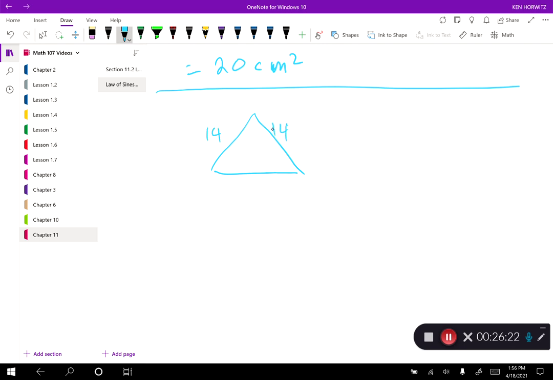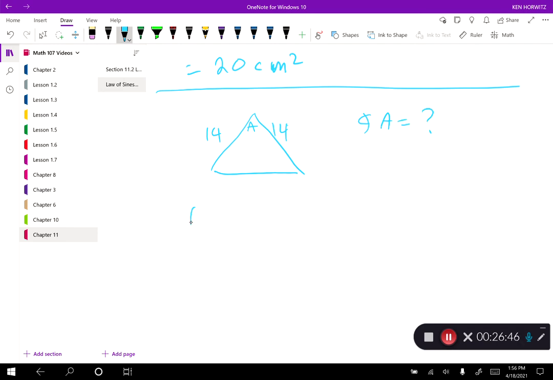Remember, the 2 sides are 14. I'll call this angle A, right? My included angle, we don't know, because the question that we're asking is, our included angle equals how much?